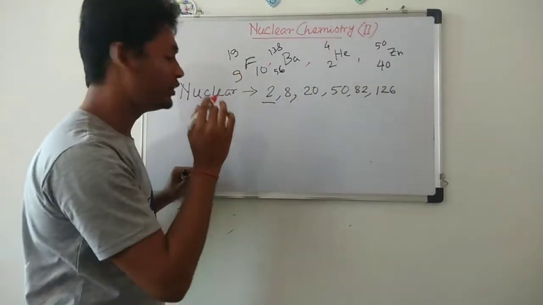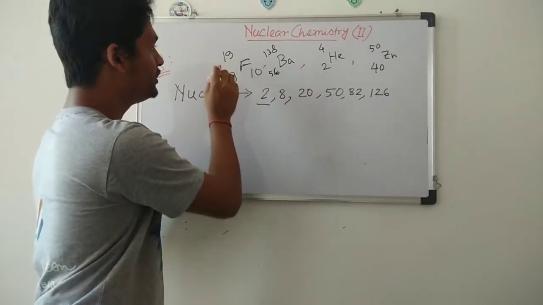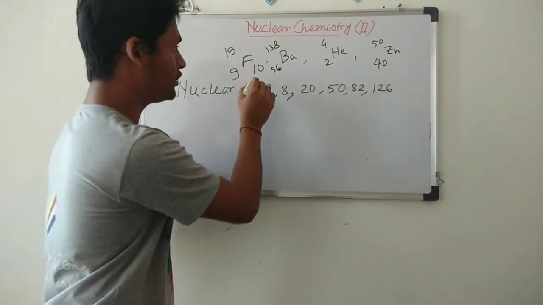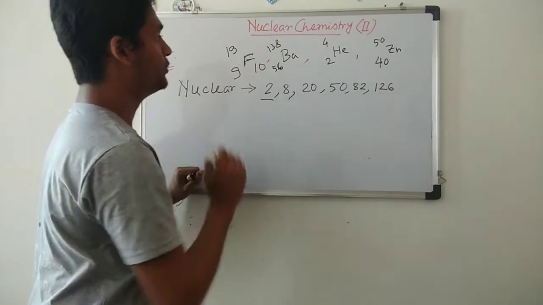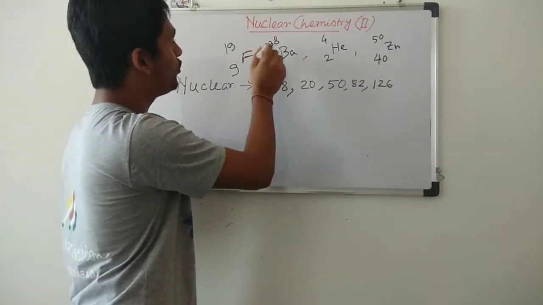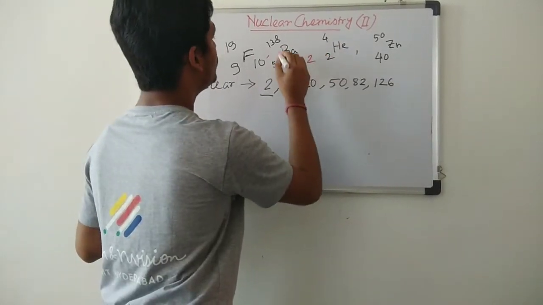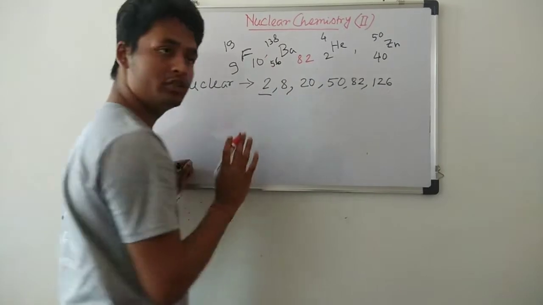In case of fluorine, it has atomic number 9 and mass number 19, so the neutron number will be 10. Now in case of barium, it has atomic number 56 and mass number 138, so what will be the neutron number? That will be 82.